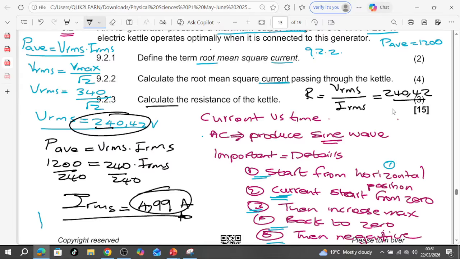Let's substitute that, 4.99. When you punch this, we should get R. If I put this on the calculator, I get my R to be 48.18 ohms. And that's the final answer.